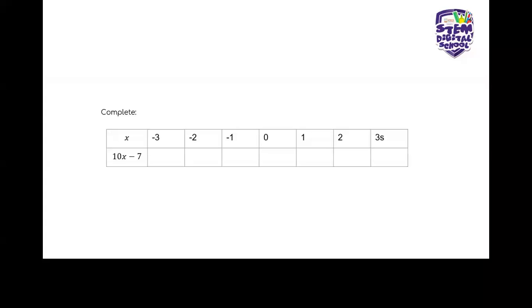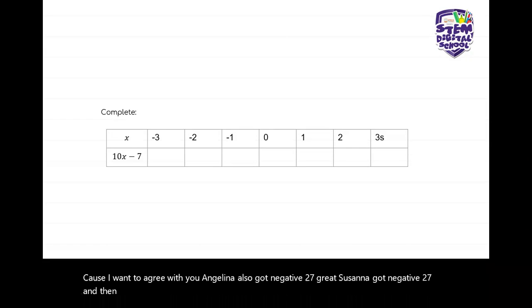Angelina says -27, right? -27. And of course, I want to agree with you. Angelina, Nolwazi also got negative 27. Great. Fizana got negative 27, and then Huapele as well got negative 27.